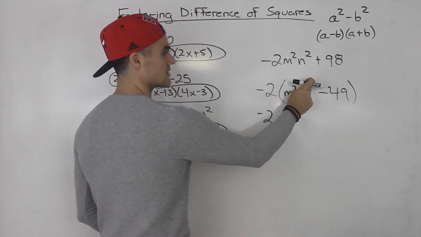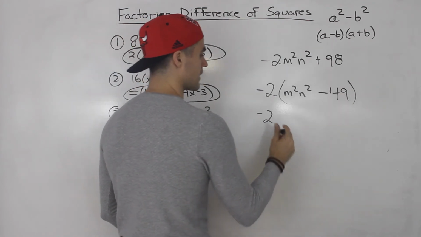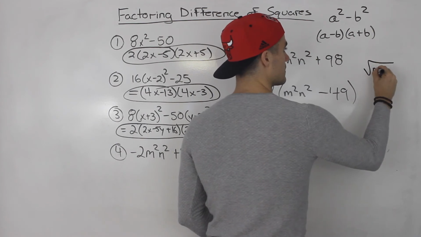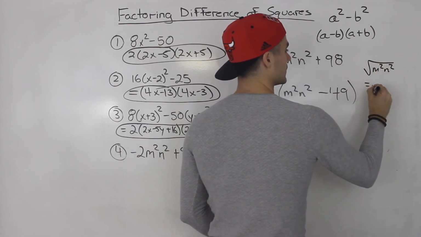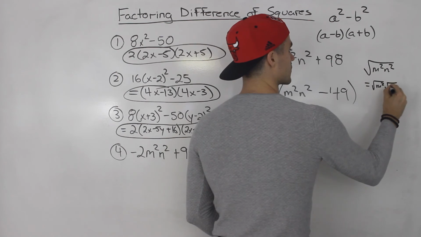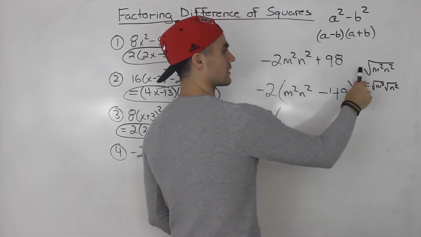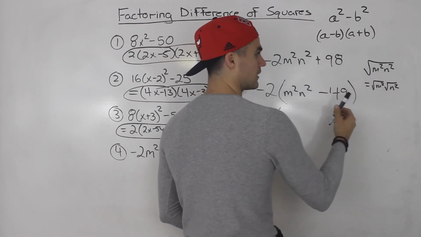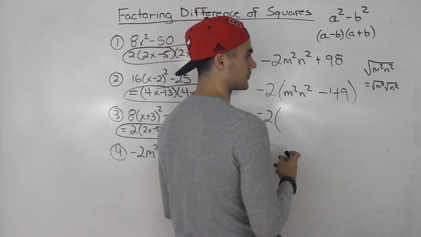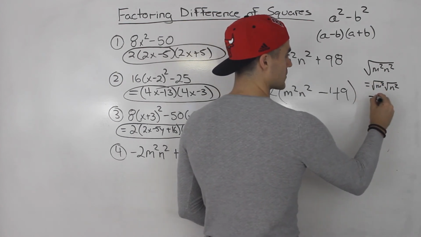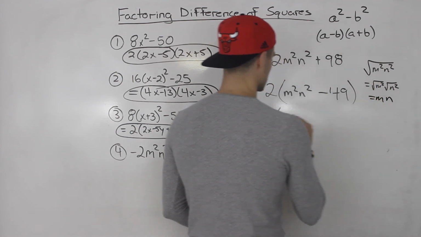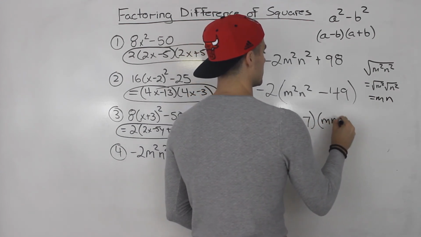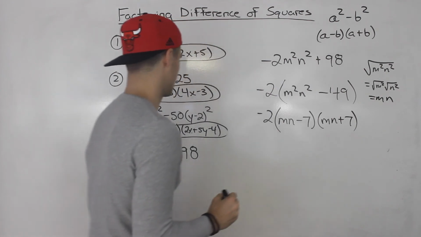And then from here, this is a difference of squares. We could take the square root of this smoothly, square root of that smoothly. The square root of m squared n squared, let's do this on the side here, would be like the square root of m squared times the square root of n squared. Remember, we can almost distribute that radical to both of these if both of these are multiplying, not adding or subtracting, only multiplying. So square root of m squared is m, square root of n squared is n. So we'd have mn minus 7. This would be mn plus 7.